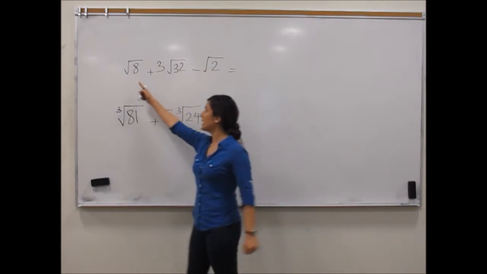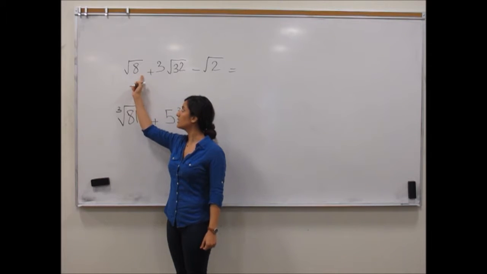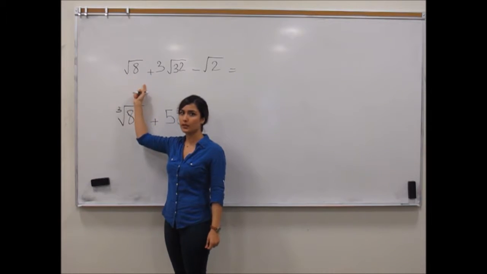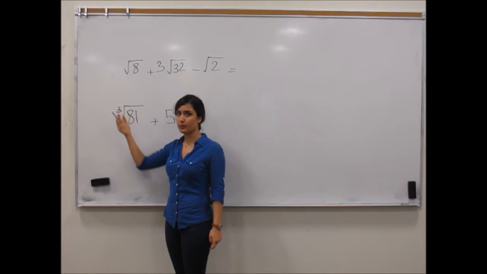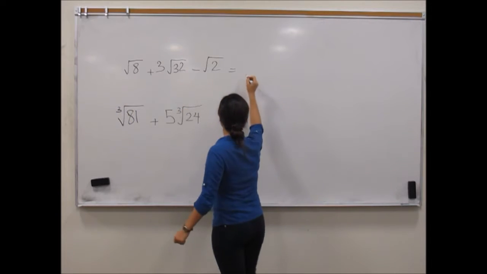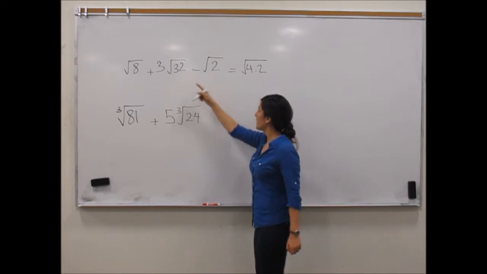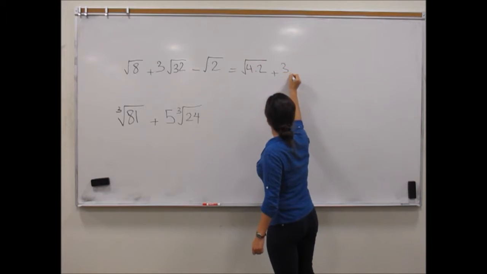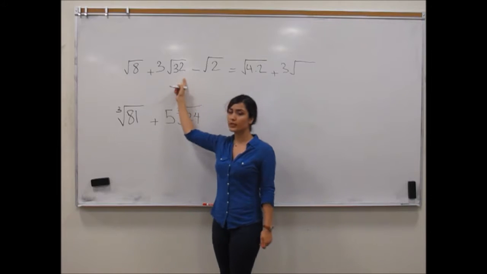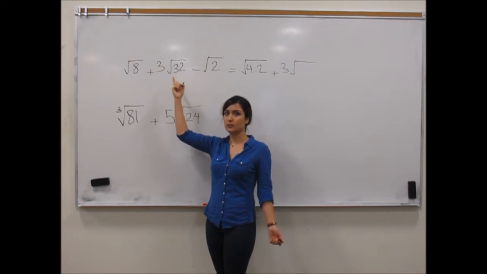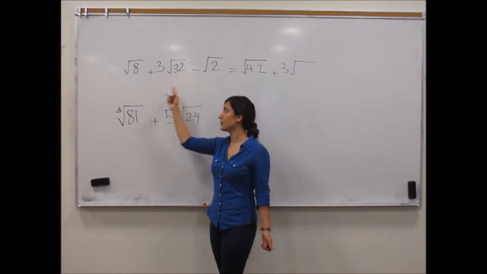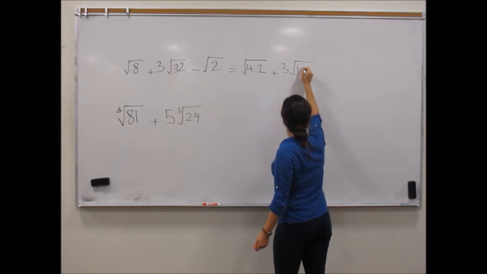So for rad 8, I can rewrite the radicand as 4 times 2 because 4 is the largest perfect square that is hidden in this 8. And then here, I have 3. Instead of 32, I can write 16 times 2 because 16 is the largest perfect square in 32.